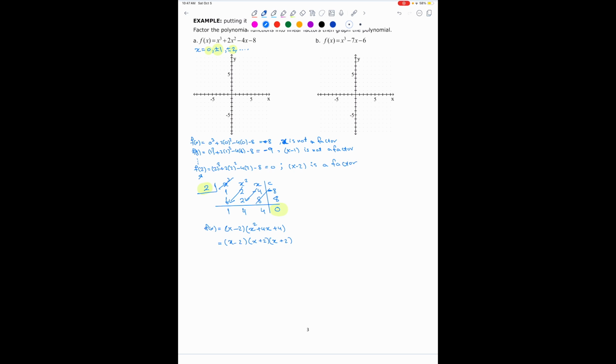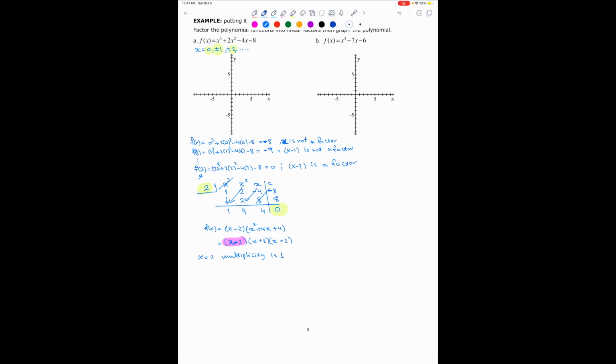So in this case, we have 3 zeros of the polynomial. If we set the first factor equal to 0, we will get x equals 2, and the multiplicity here is 1.